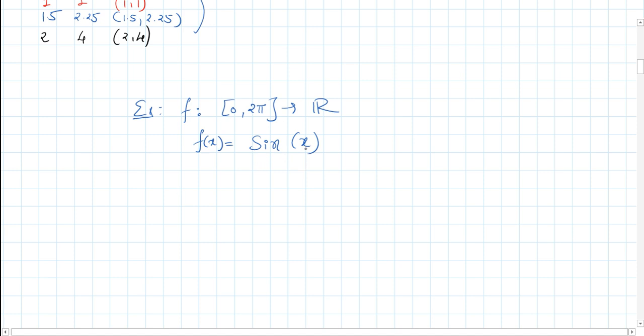Here x is in radians, so if you do the calculation, make sure that your calculator is in radian mode. And another thing: you can take the points x as 0, pi by 6, pi by 4, pi by 3, pi by 2, and so on. Or you can take x as 0, 0.1, 0.2, 0.3, 0.4, and so on. Or you can take 0, 0.2, 0.4, and so on.